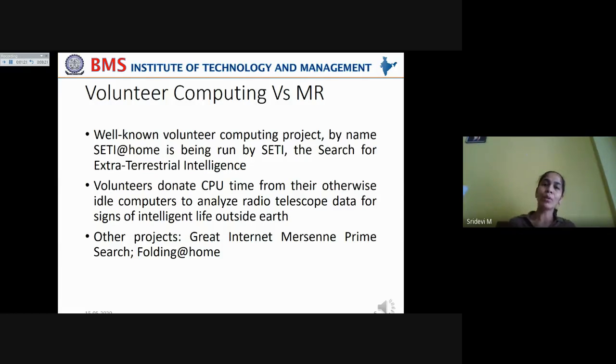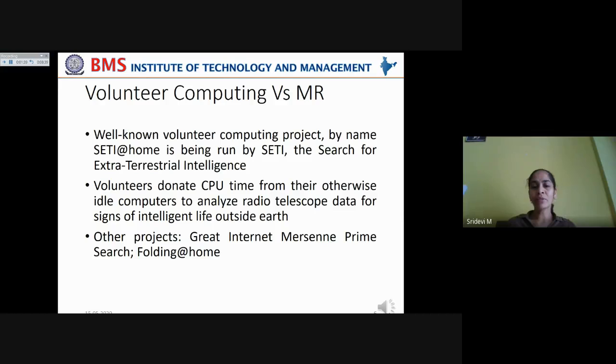This is how each person is volunteering to the project, so that they need not set up too much processing capacity in the same place.